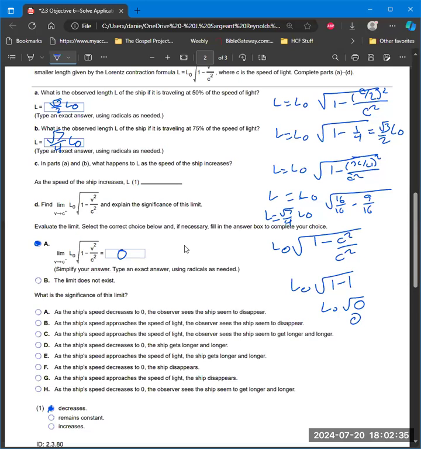And what is the significance of this limit? As the ship's speed approaches the speed of light, the observer sees the ship seem to disappear. So that's E.